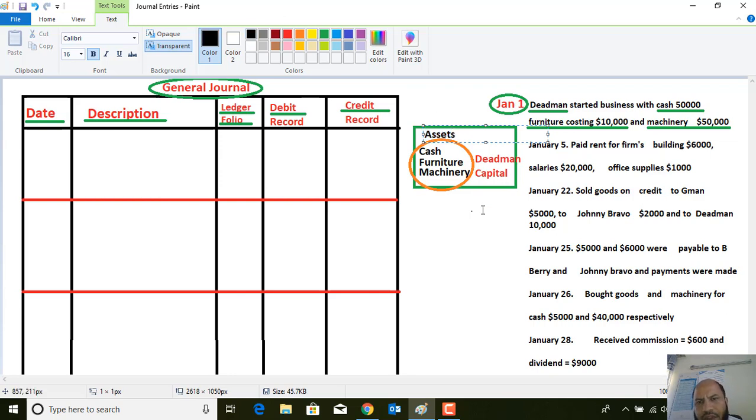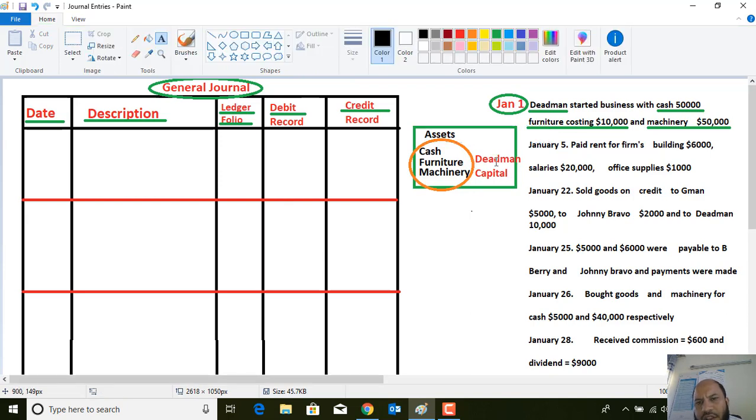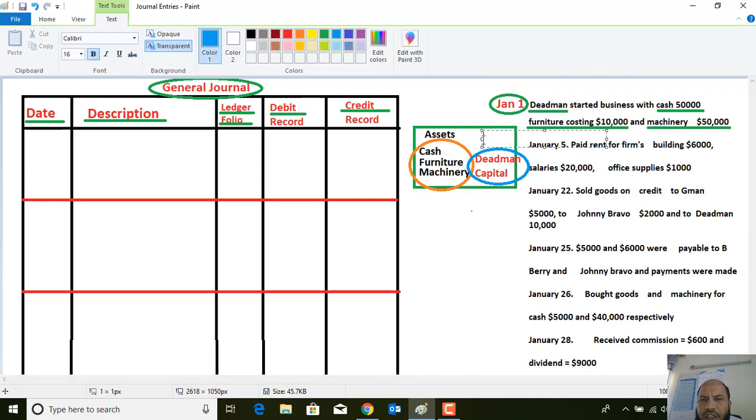But Deedman capital, if you see over here, this is a person who invested his capital in the business. So his account is the O.E, that is, owner's equity. In other words, we may say the capital account.